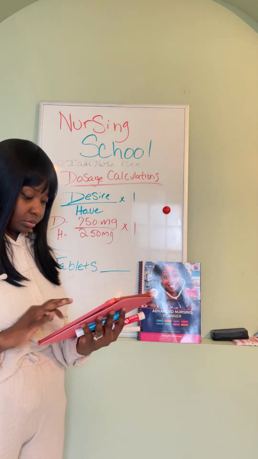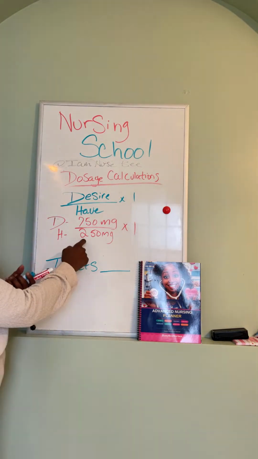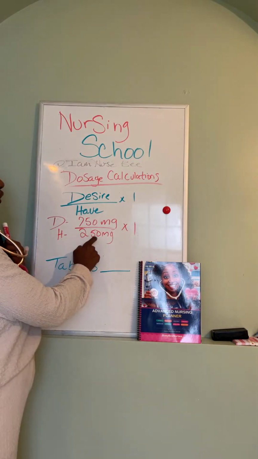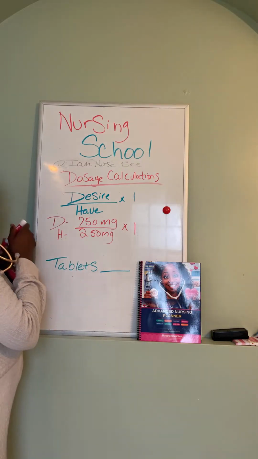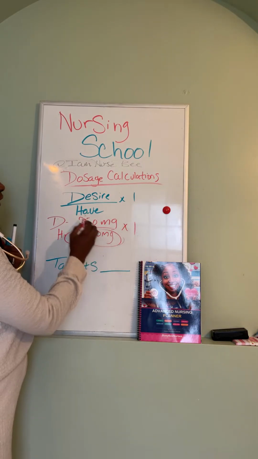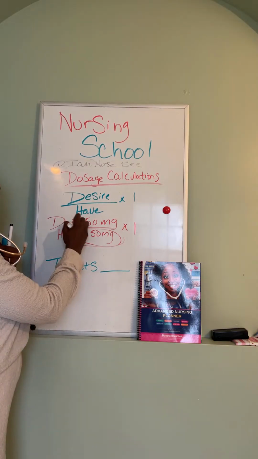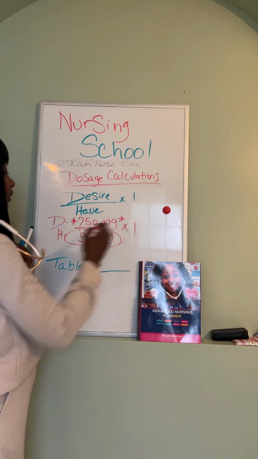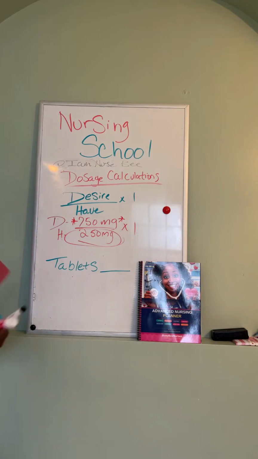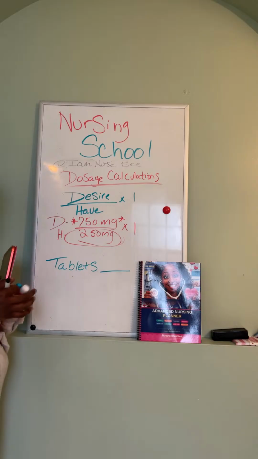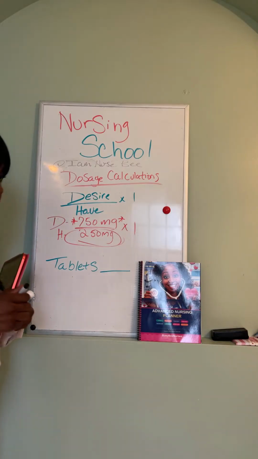So 750 over 250 milligrams. This is what we have on hand, and this is what the doctor wants the patient to have. I'm going to give you guys a minute. Put that answer in the chat if you can.